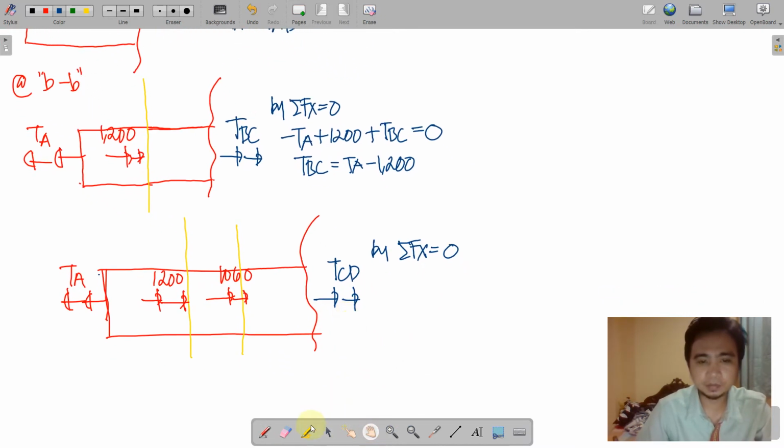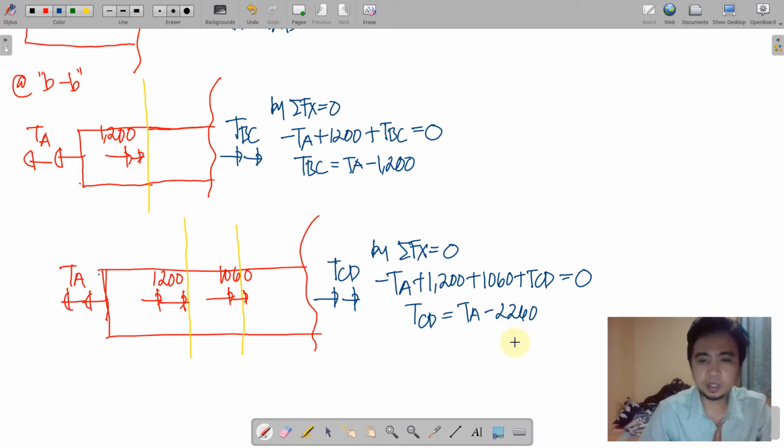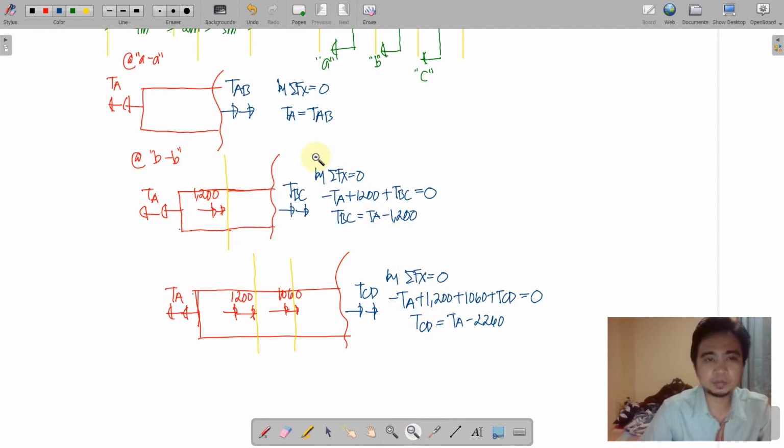We have a leftwards TA, a rightwards 1200, another 1060 rightwards, and TCD is of course rightwards. All of this will be equal to 0. Solving for TCD, we have TCD is equal to TA minus 2260.